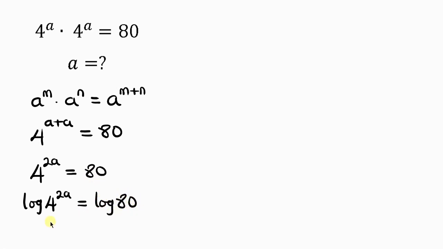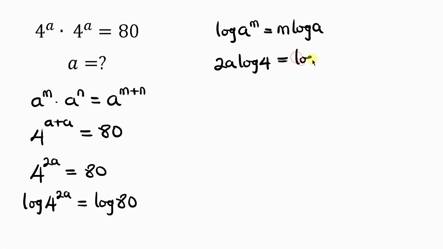Now, our next step will be for us to apply the law of logarithm, which says when I have, for example, log A to the M, this is same as M log A. So I'm going to be applying this law of logarithm to what I have here. So the exponent becomes a base multiplying log A. So I'm going to be taking the exponent 2A becoming a base to multiply log 4. So times log 4. Good. Equal to log 80.